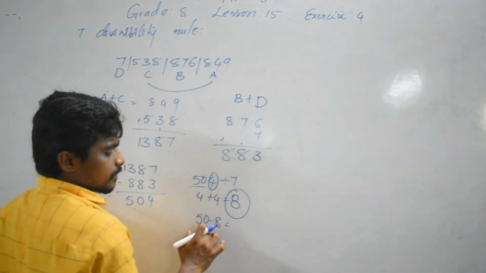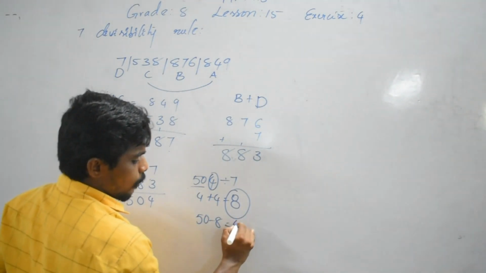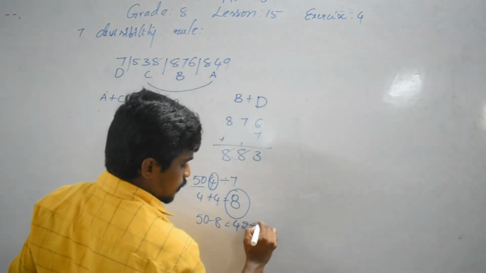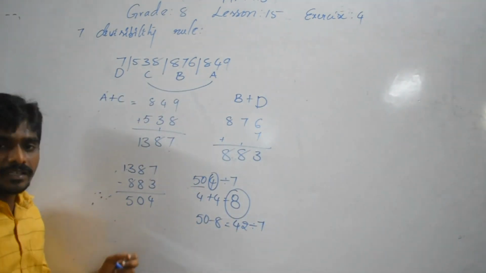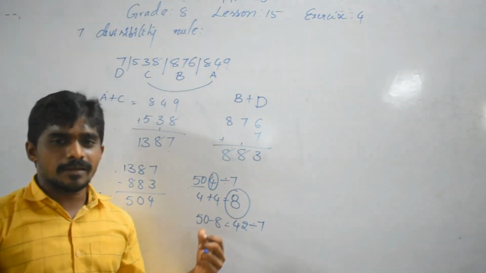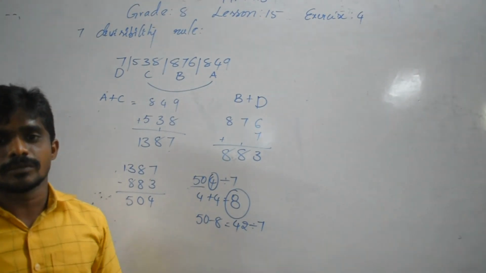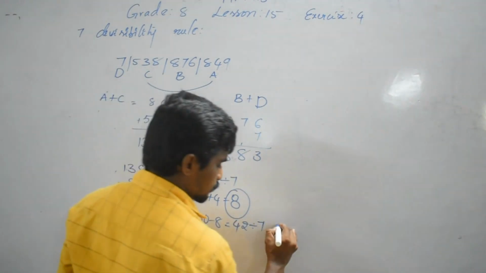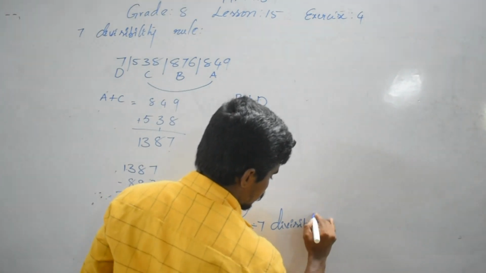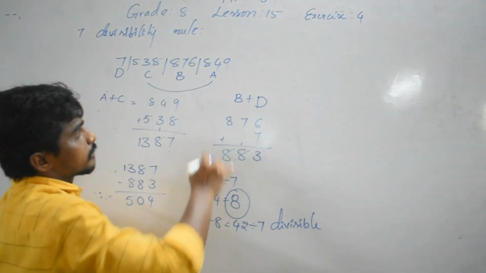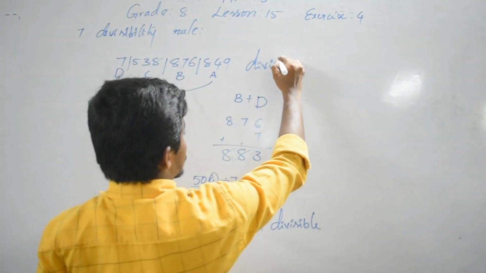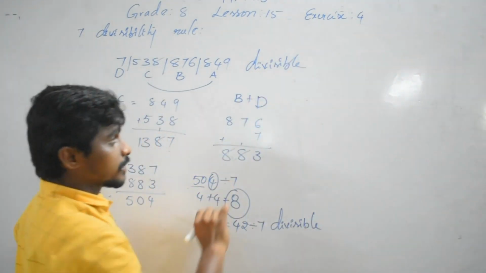So 50 minus 8 is 42. Now 42 divided by 7, divisible or not divisible? Divisible. This is the 7 divisibility rule.